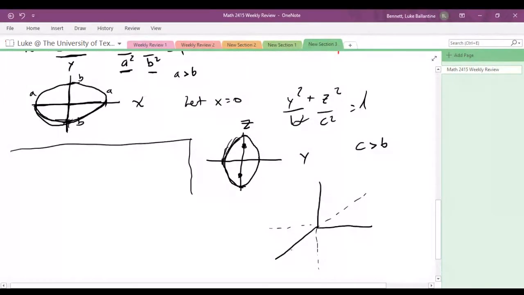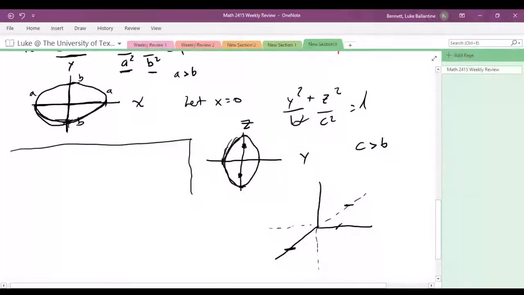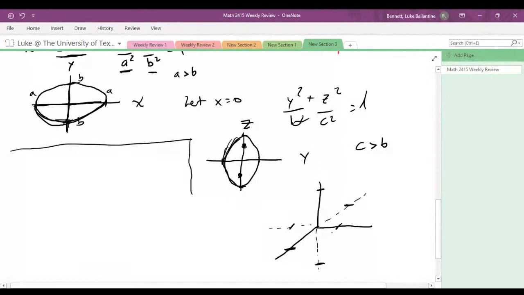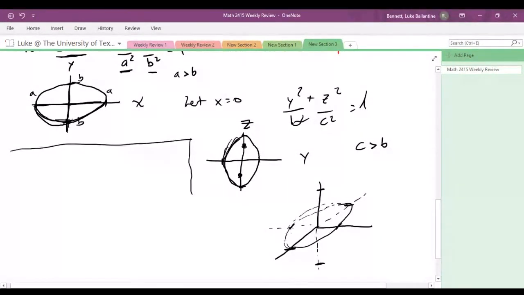So a, b, and c is greater than b as well. So that's the xy trace, and then we draw our height to come up to z and back down, and the other side as well.